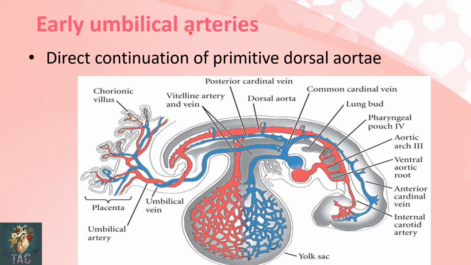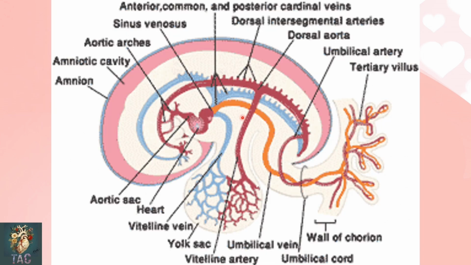Now the early umbilical arteries. These early umbilical arteries are the direct continuation of the dorsal aorta into the umbilical cord. So these are the second branches of the dorsal aorta, basically continuation of primitive dorsal aorta. Here you can also see these are the umbilical arteries which are continuation of dorsal aorta.